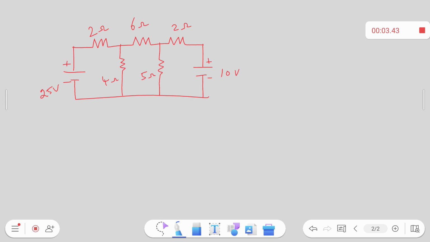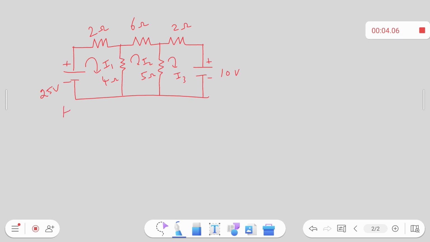Now I need to consider that 3 loops are there. I1 is flowing through the first loop, I2 is flowing through the second loop, and current I3 is flowing through the third loop. Now we form equations using Kirchhoff's law.